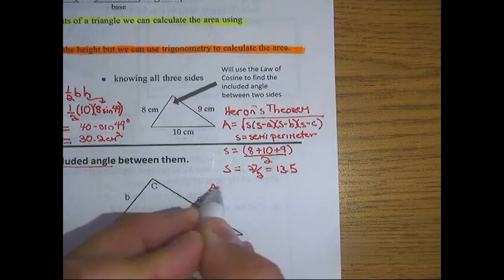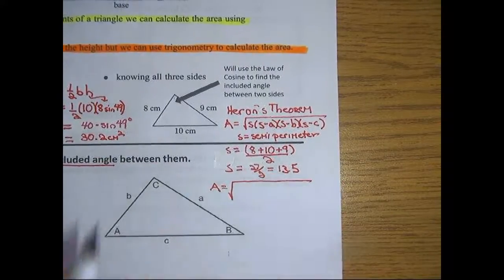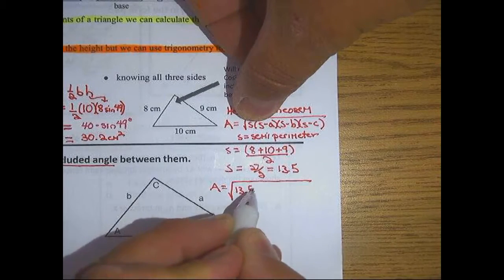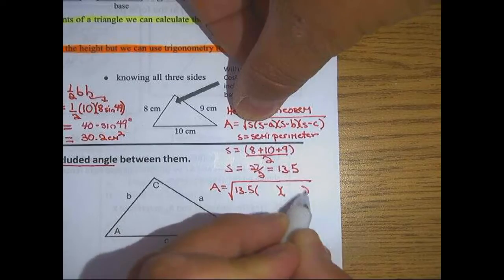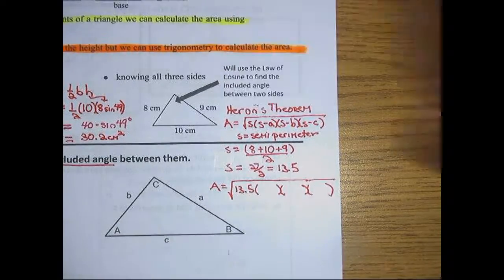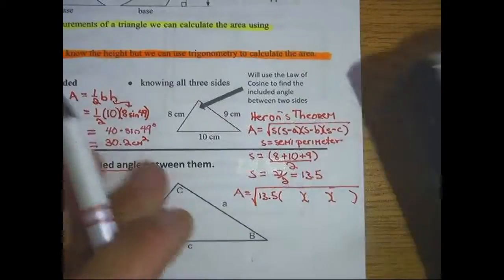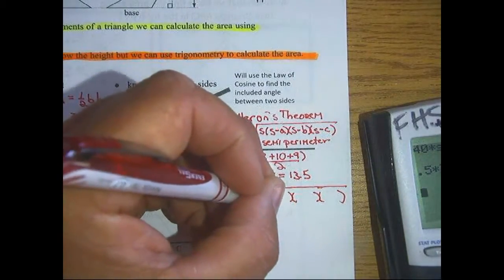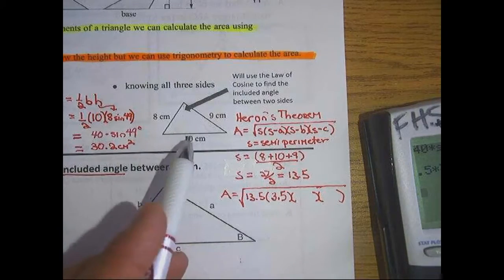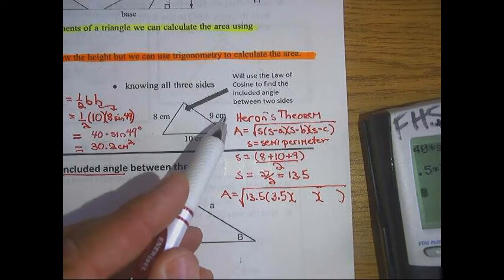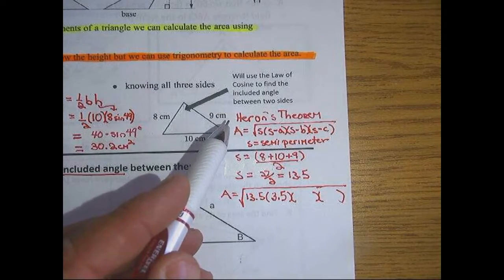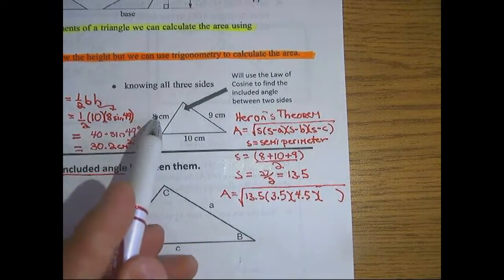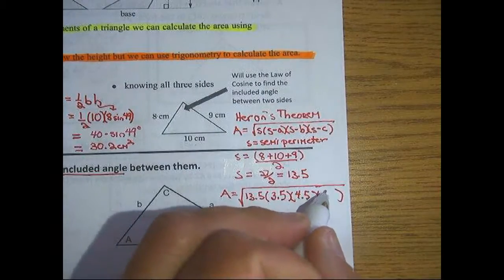So the area is going to be, okay, 13.5 times, all right, take 13.5, take away 10, that's 3.5. 13.5 take away 9, 4.5. 13.5 take away 8, 5.5.